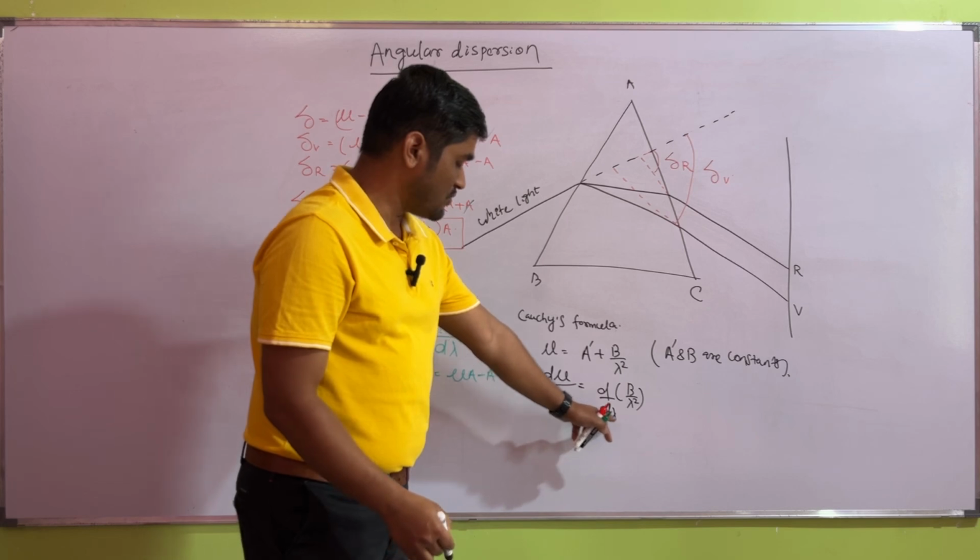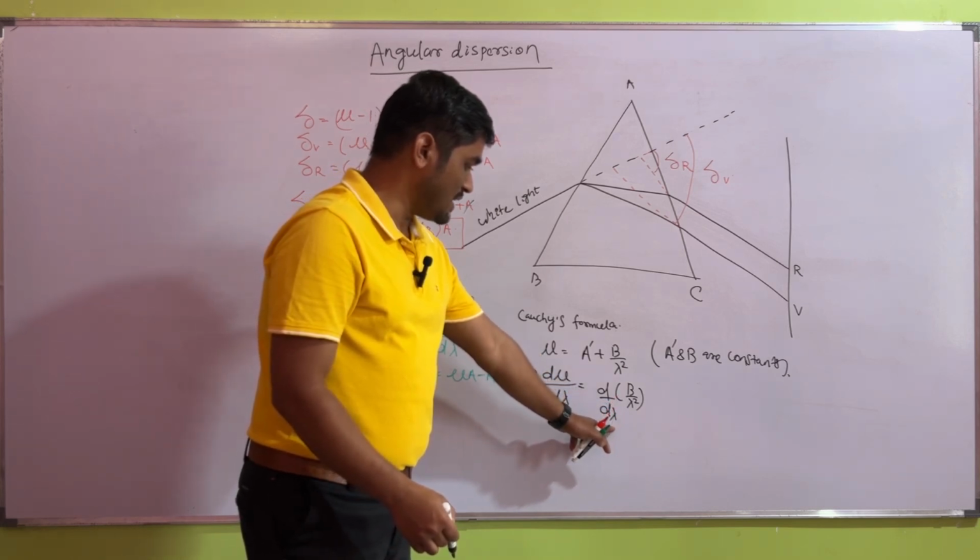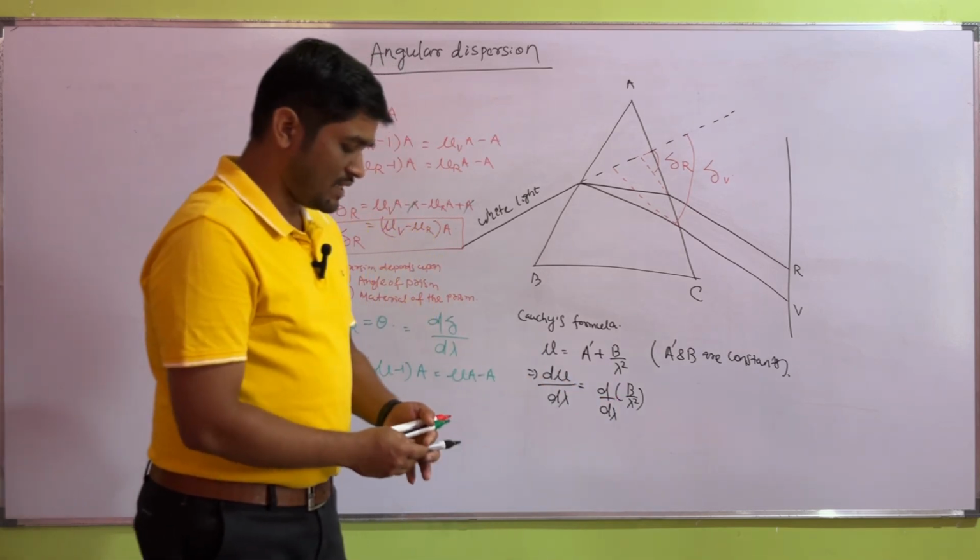What is the formula of d divided by d lambda of 1 divided by lambda square?